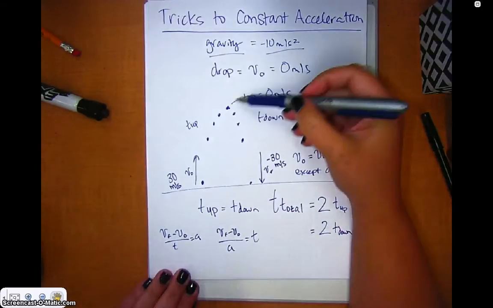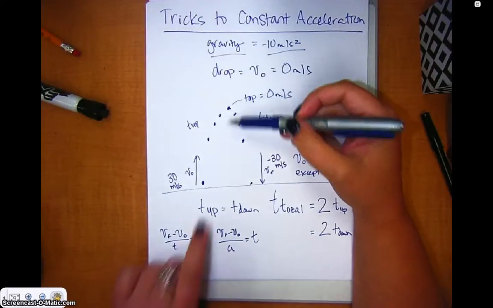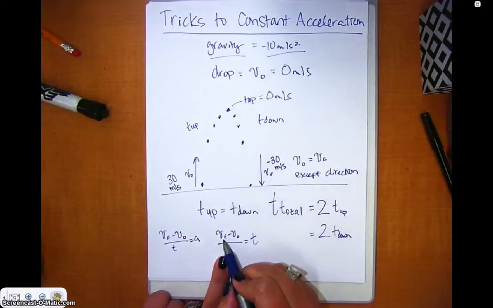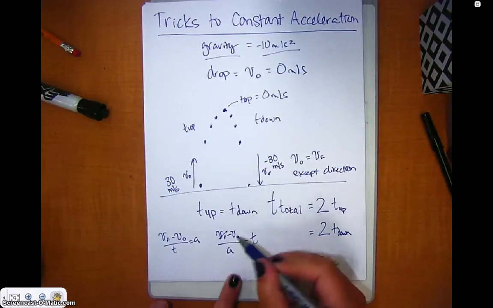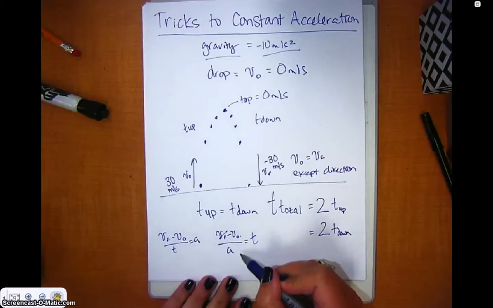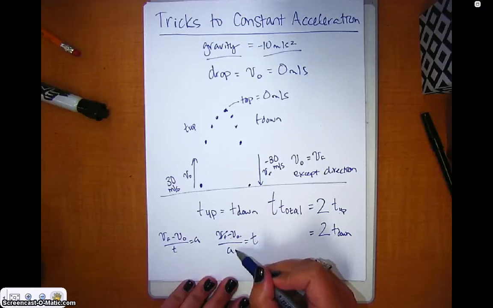Well, remember that I said up here, if we're talking about the part where we're throwing it up, your final velocity would be equal to 0, and it would cancel out. And so all you have is your initial velocity divided by 10, and they're both negative. Well, you would have -30 meters per second divided by -10 meters per second squared.